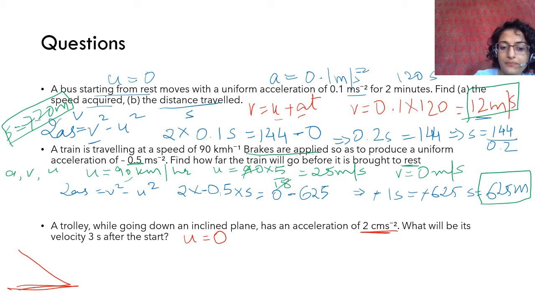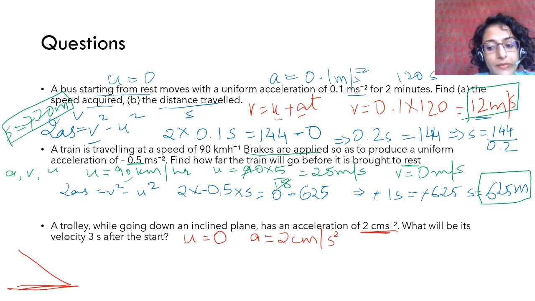Since it is going down, it gets a speed. So we have been given u, and we have been given acceleration of 2 centimeter per second square. Please remember this is 2 centimeter per second square. Then we have been given time is equal to 3 seconds.